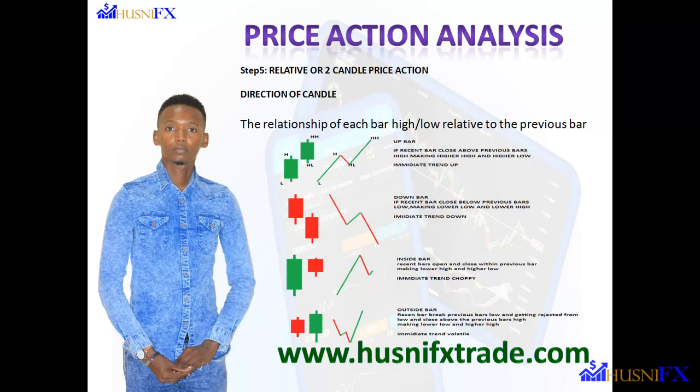The outside bar is when the recent bar goes below the previous bar's low, gets rejected from the lower level, and closes above the previous bar's high. This is making a lower low and a higher high.